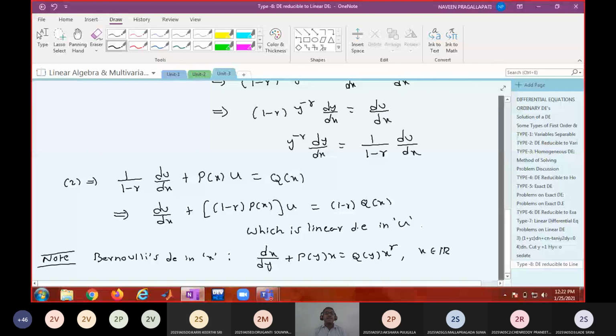So just interchange the roles of x and y, then take a suitable substitution and solve for x. So you can have linear in y, linear in x, Bernoulli DE in y, and Bernoulli's DE in x. Do you follow?